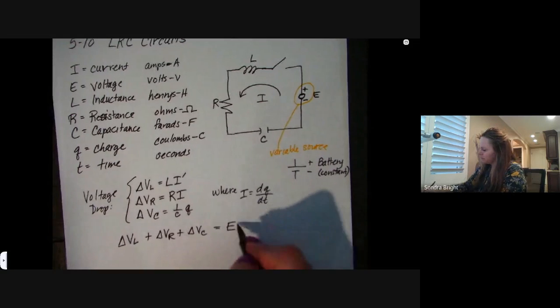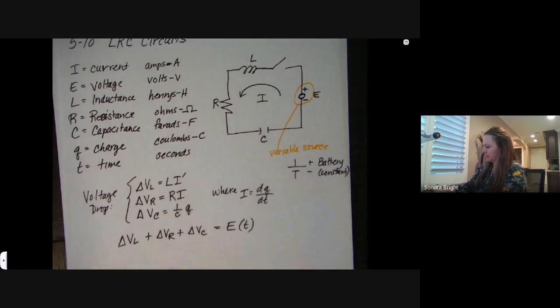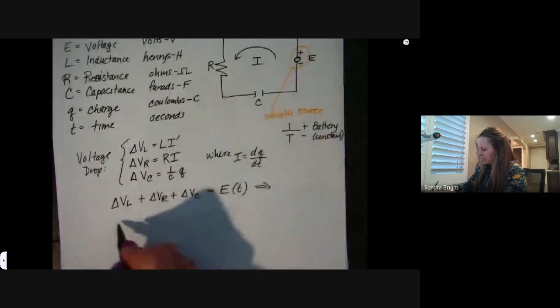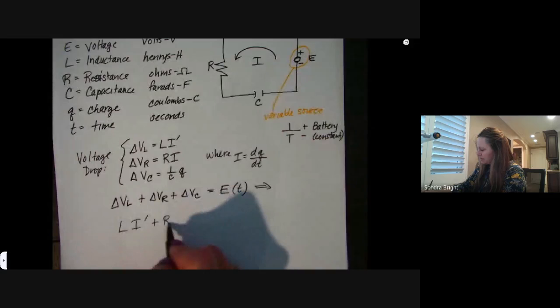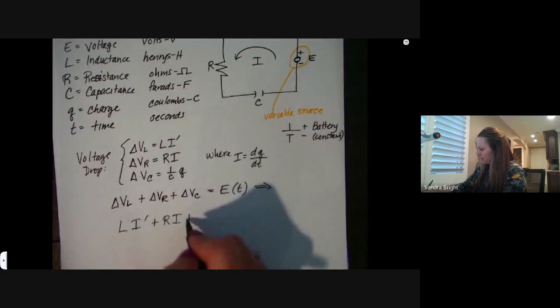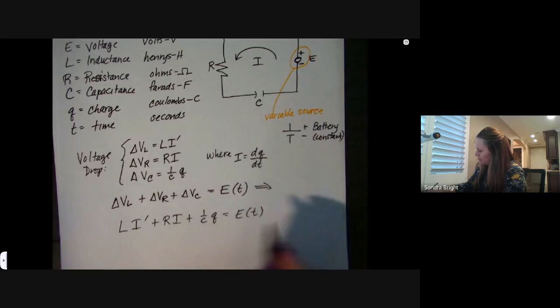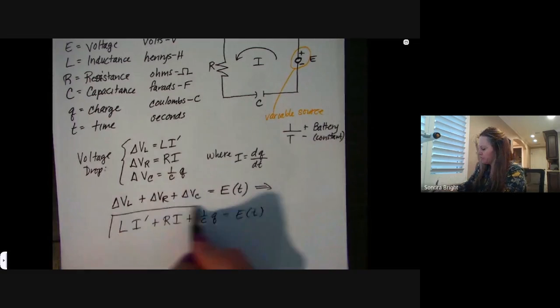Replacing all of these, the equation we're going to use is Li prime plus Ri plus 1 over C times Q is equal to E of t. That's the equation we're going to use.